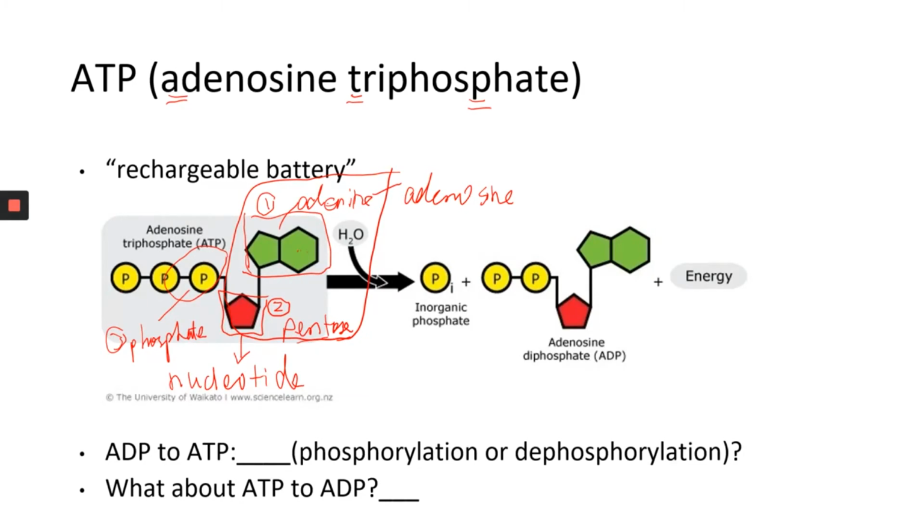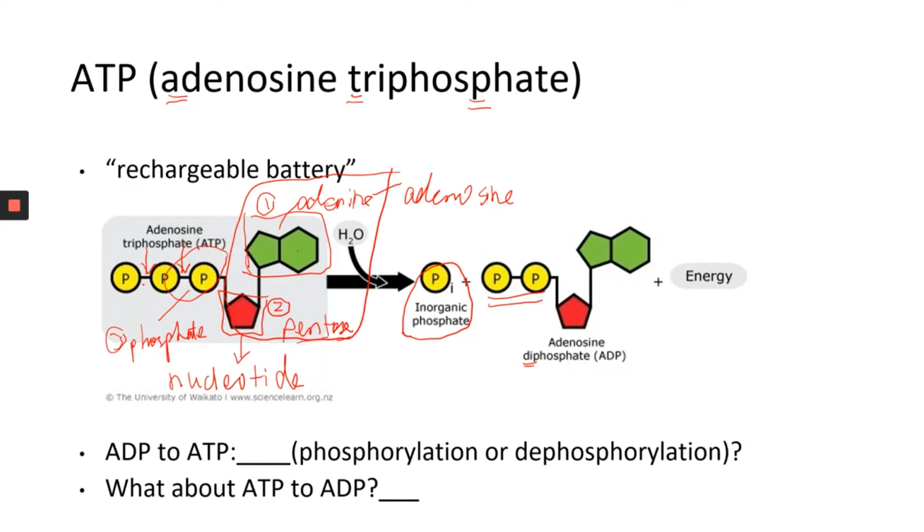Now, ATP can hydrolyze. If you remember what hydrolyze means, you're providing a water molecule to help break down a larger molecule. So ATP can hydrolyze with the help of water, and it breaks down into one inorganic phosphate and then ADP, right? Because now there are only 2 phosphate groups left, so it's diphosphate, so ADP. And in that process, energy will be released because in these chemical bonds, there's a lot of energy stored.